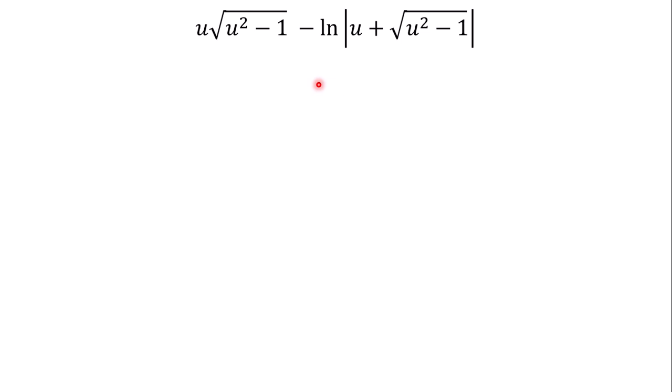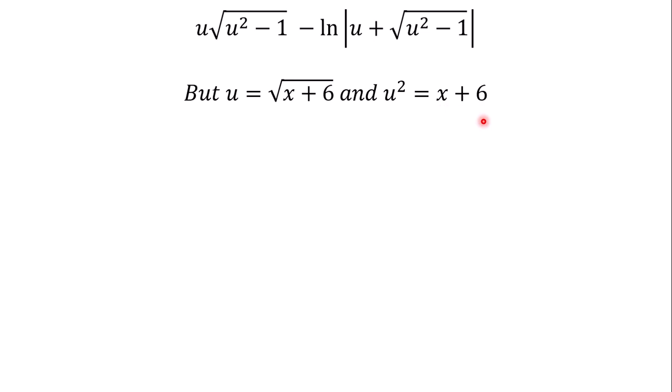Okay, so we have to also continue our journey, that is the journey of going back towards the x world. And going back to the x world, we know that u is equal to square root of x plus 6, and then u squared is equal to x plus 6.